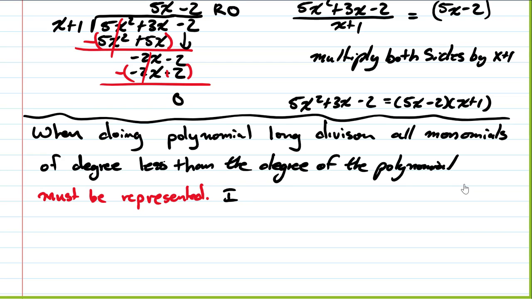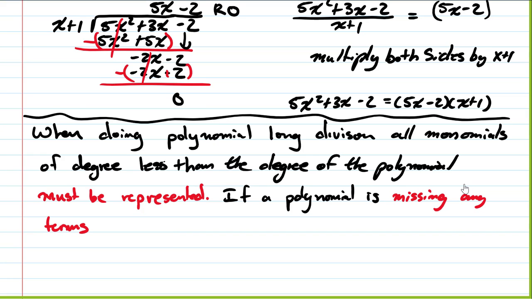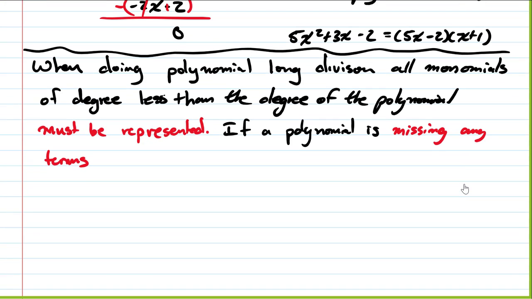If a polynomial is missing any terms, they must be filled in by 0 times x to the n.